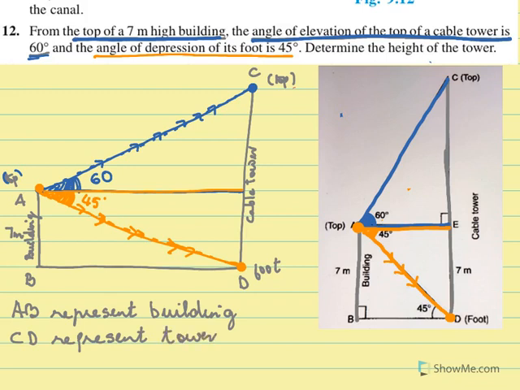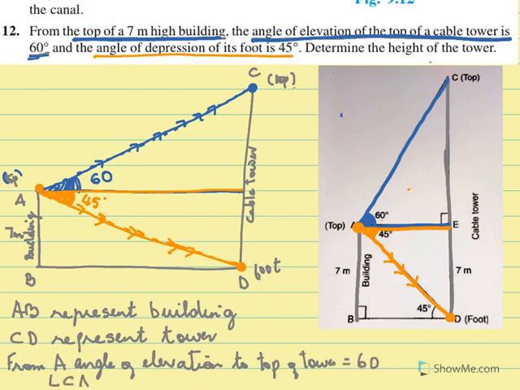And then you got to write from A, the angle of elevation to the top of the tower is 60, to top of tower equal to 60, and mark the angle. Say angle CAE, I will put this point as E, equal to 60.